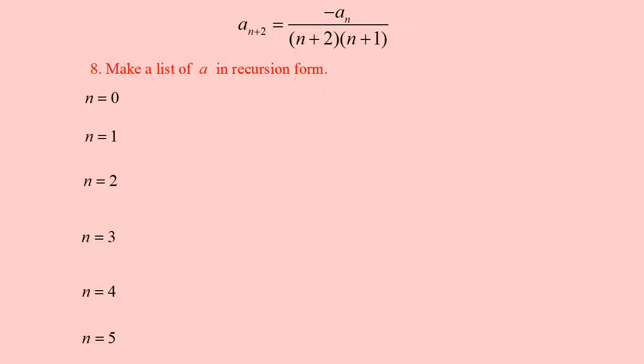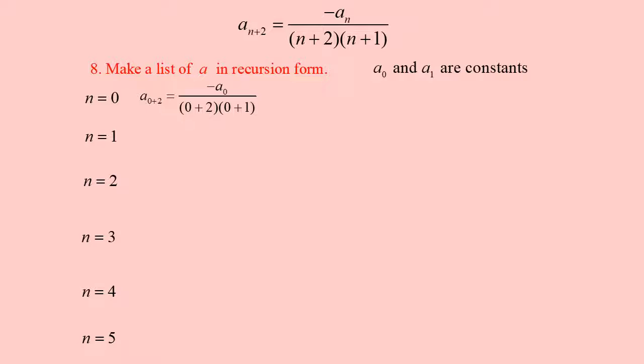We'll go from 0 to 5. And when n is 0, we come up with a sub 0 plus 2 equals negative a sub 0 over 0 plus 2 times 0 plus 1. So all we're doing is plugging a 0 in place of the n.